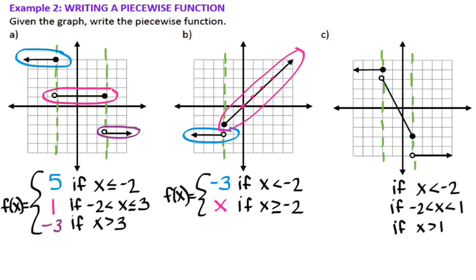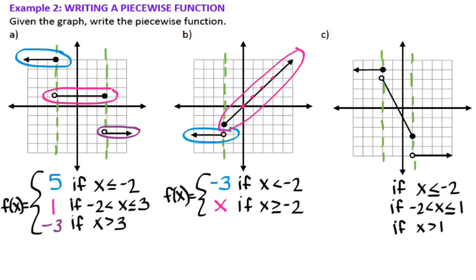If you notice, I didn't pay attention to the or equal to's yet. So for my first piece, it's closed, so that needs to be an or equal to. This one's open on the first boundary, so that one's going to stay as a less than. This one's going to be an or equal to because it's closed. And then that one's just going to stay as x is greater than 1 because this one was an open circle.